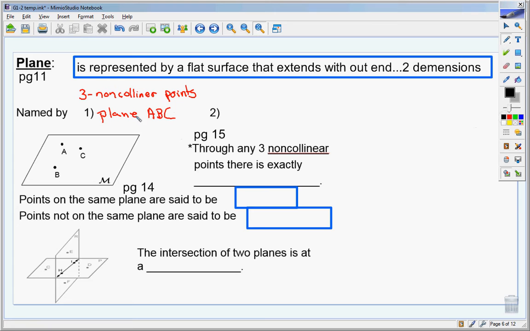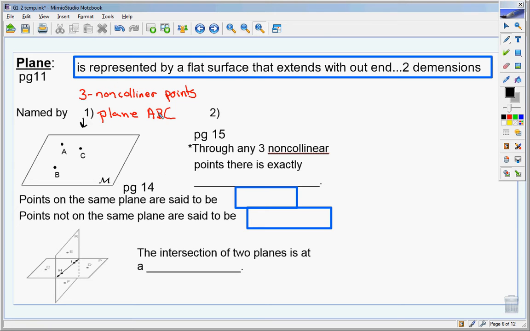In fact, naming it this way, you can see A, B, and C are not collinear. Naming it with 3 non-collinear points, how many different names could I actually list here under number 1? It wouldn't be 9. It wouldn't be 3, but it's somewhere in between. There's actually 6 different names.